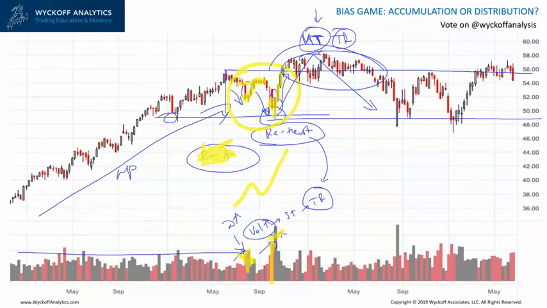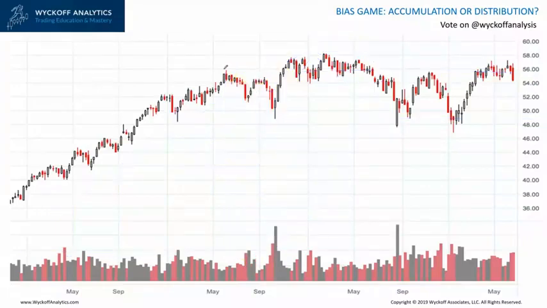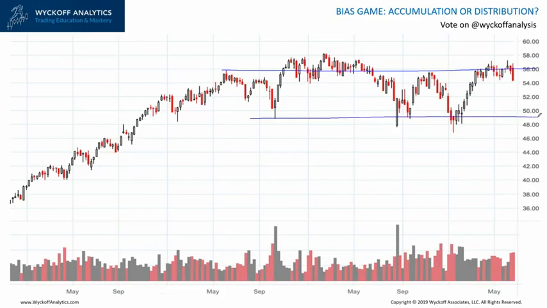So the way this upthrust unfolds, and I'm going to erase all of this, is very interesting.